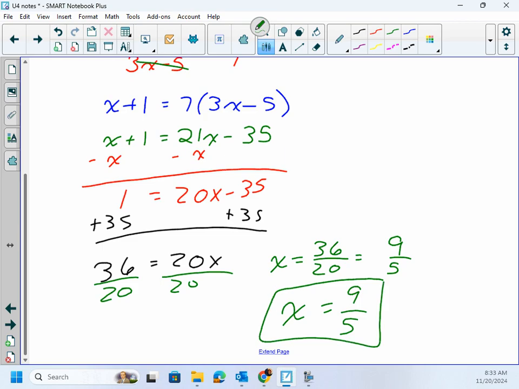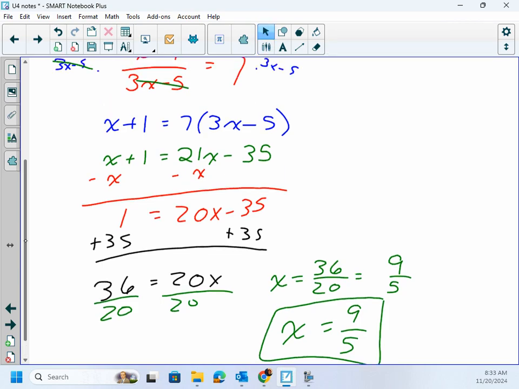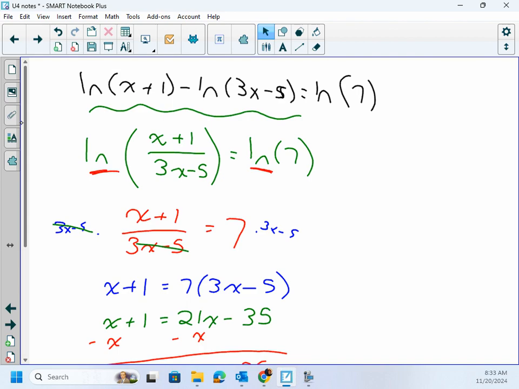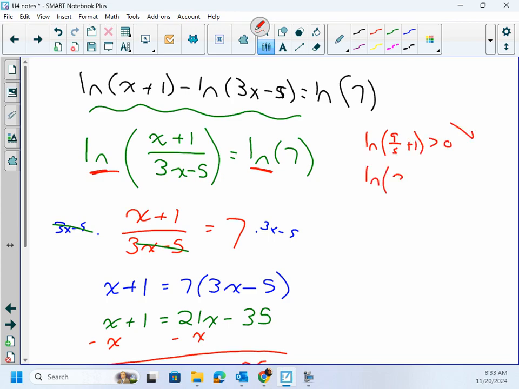What I'm going to do is go back up to the beginning, and make sure 9 over 5 is fine. That's what I care about. It doesn't make anything go negative. 9 over 5 plus 1, that's greater than 0, so that's good. 3 times 9 over 5 minus 5. That's the question of the day. So that is going to be 27 over 5 minus 5.